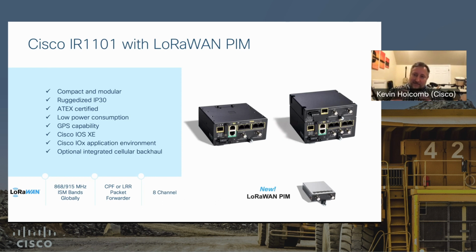So with this single box you can do cellular backhaul, plug the LoRaWAN pluggable module in, so you've got LoRaWAN going out and cellular backhaul, and you can also host small applications on the same device. It's fully rugged as well, a DIN rail mount device, so you typically have it inside a cabinet, depending on how harsh the environment is, with the antenna outside the cabinet for your LoRaWAN.